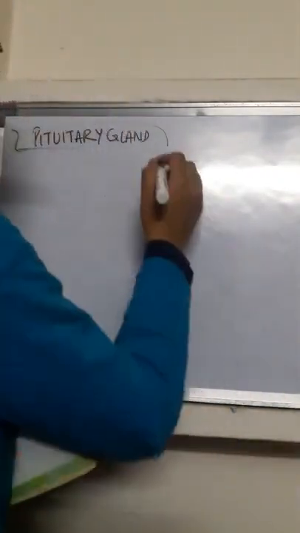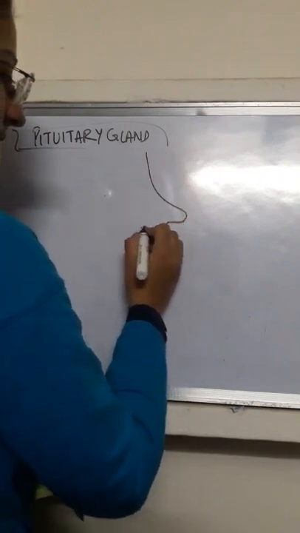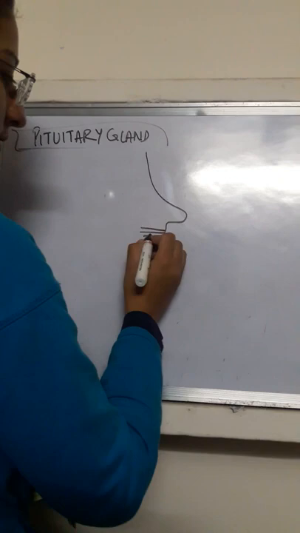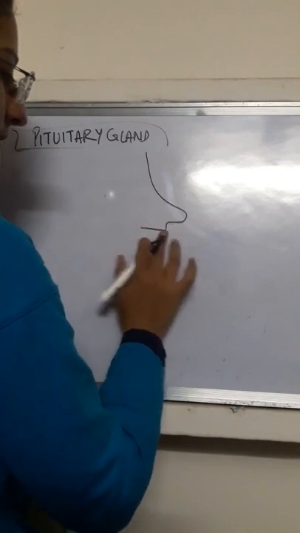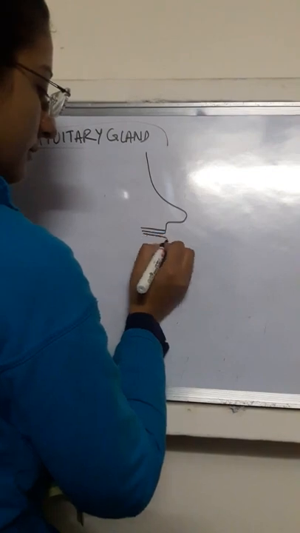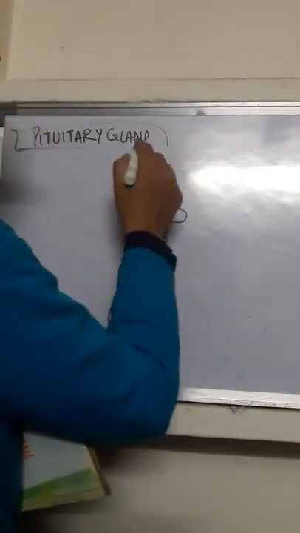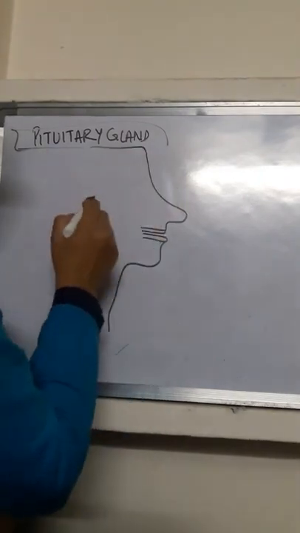Diagram of the cranium. This is the nose, the lip portion, this is the head portion.